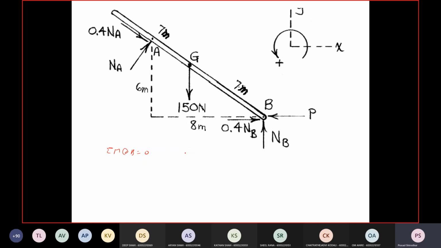Right, so summation about B is equal to 0. I am taking anti-clockwise positive.